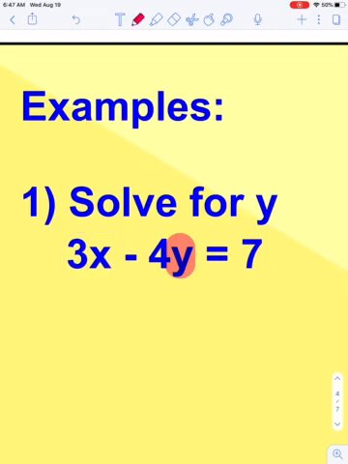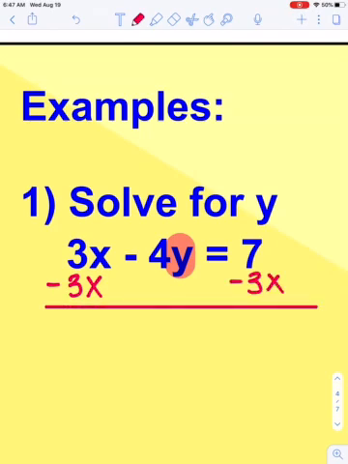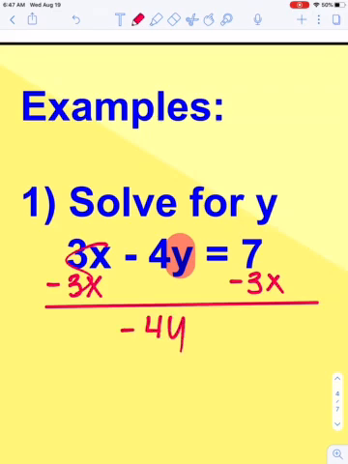That term is currently positive, so in order to move it, just like any other time, you're going to subtract it. So we're going to subtract 3x from both sides. Be careful because that's going to leave you with a negative 4y. Do not lose that negative sign or that subtraction sign.